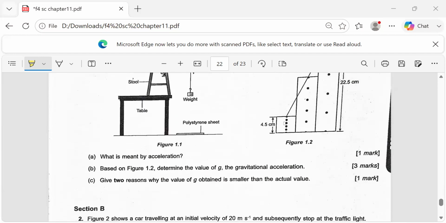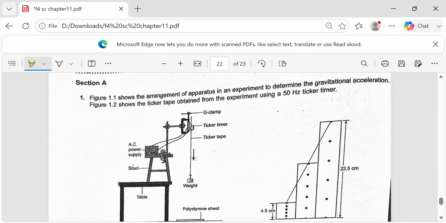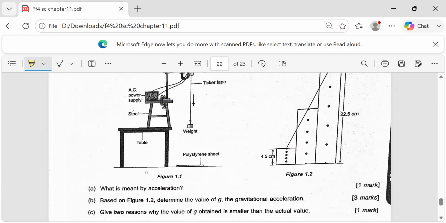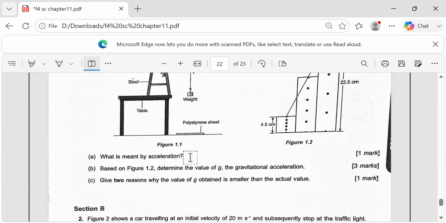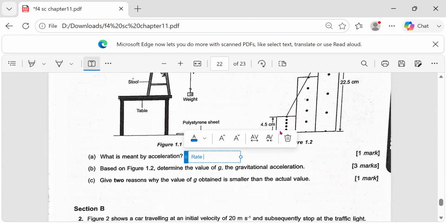Okay, are you done? Okay. So what is meant by acceleration? The rate of change of, huh? Oh, velocity.